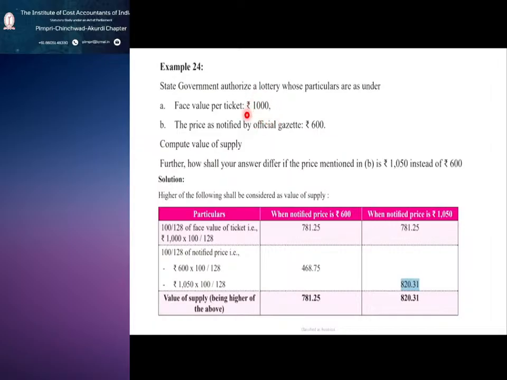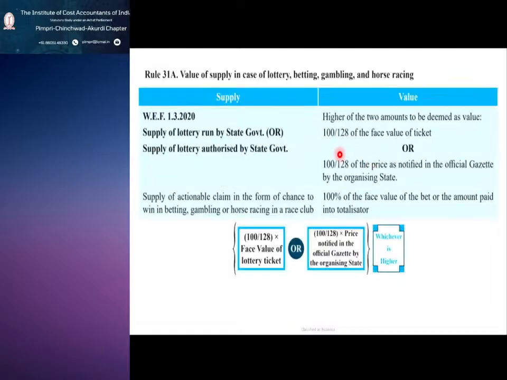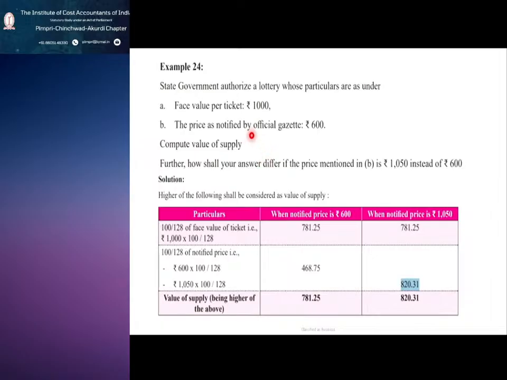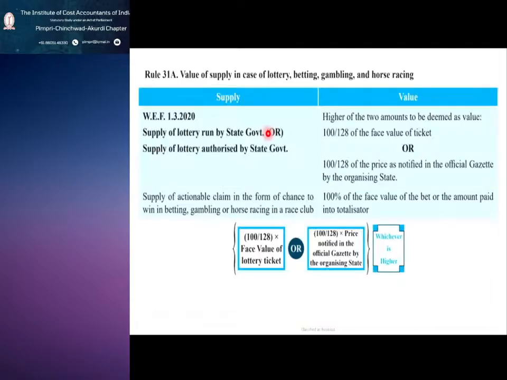Why are we taking 1000 instead of 600? Because we always consider the higher of the amount authorized by the state government, the face value, and the price notified by the official gazette.